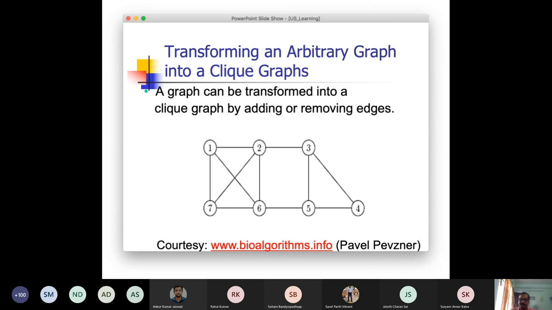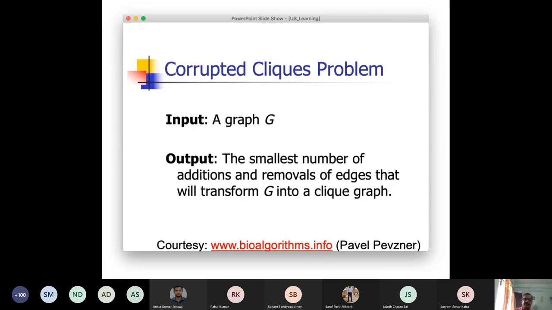So that is the kind of strength of your result. You would like to get that clique graph which requires the minimum number of additions or deletions of edges. So this is your problem. You can see that if I remove this edge and remove this edge, then it becomes a clique graph.